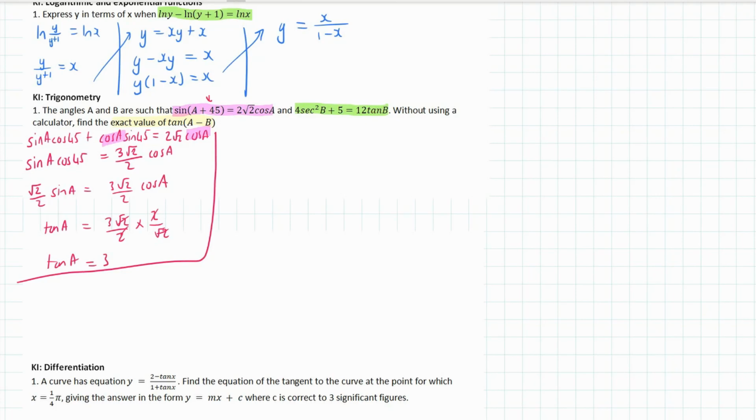Okay, so I'm going to immediately change that sec squared b into 4 into 1 plus tan squared b, because that's my identity, plus 5 equals 12 tan b.